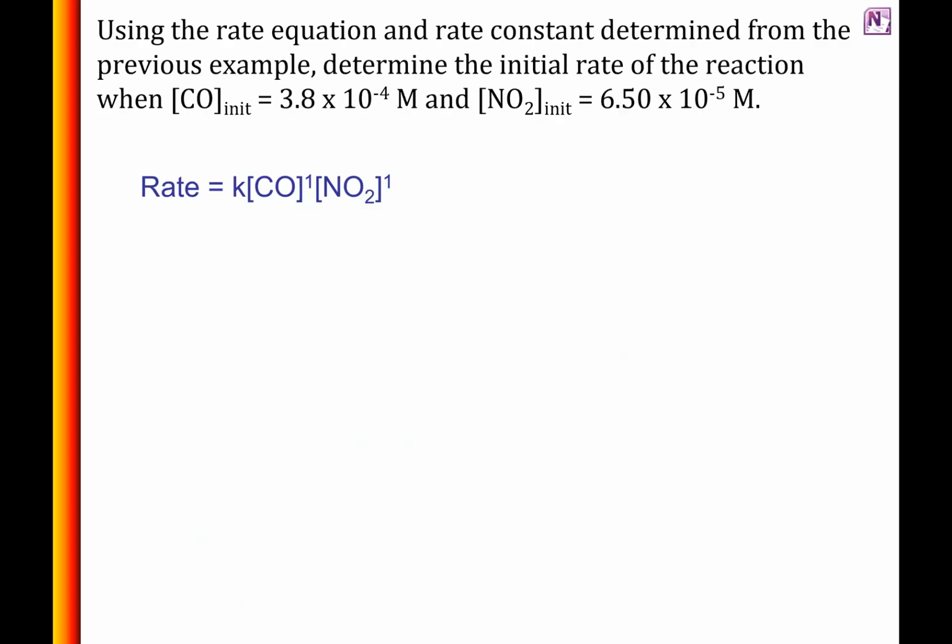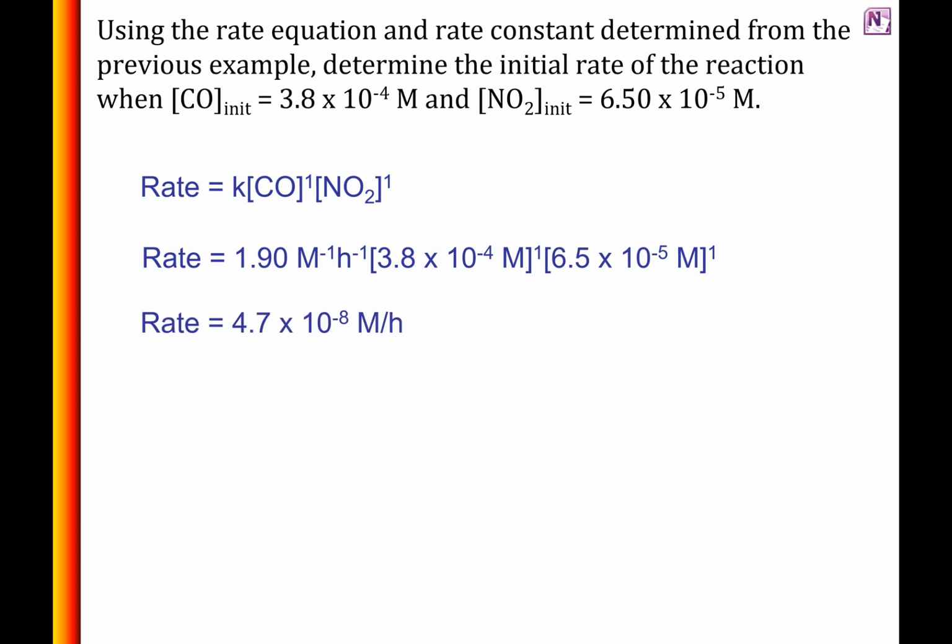Then we can write our rate law. Rate is equal to k times CO times NO2. Our complete rate law would be rate is equal to 1.9 per molar hour times 3.8 times 10 to the minus 4 molar times 6.5 times 10 to the minus 5 molar. So our rate will be equal to 4.7 times 10 to the minus 8.